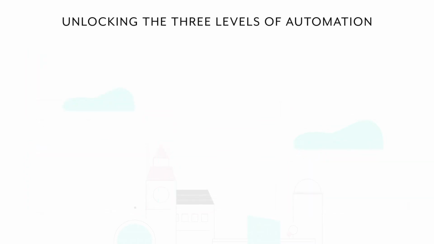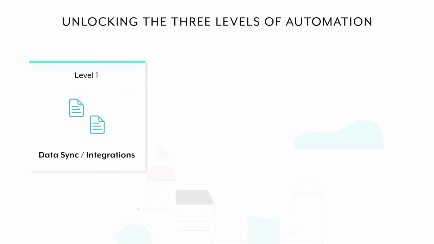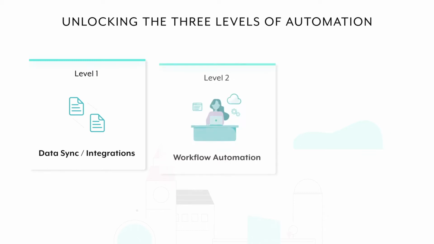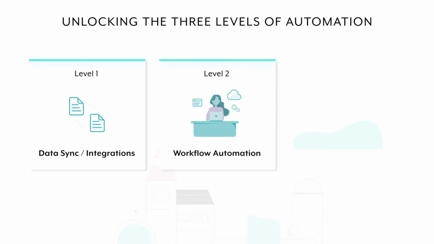So what can be unlocked by the Workato platform? The first is data syncing and integrations, which make sure your data sources are synchronized, without any manual effort and without data duplication. The next level is workflow automation. This enables you to create efficient business processes across multiple apps. You are able to carry out approval processes and task completions in one place.